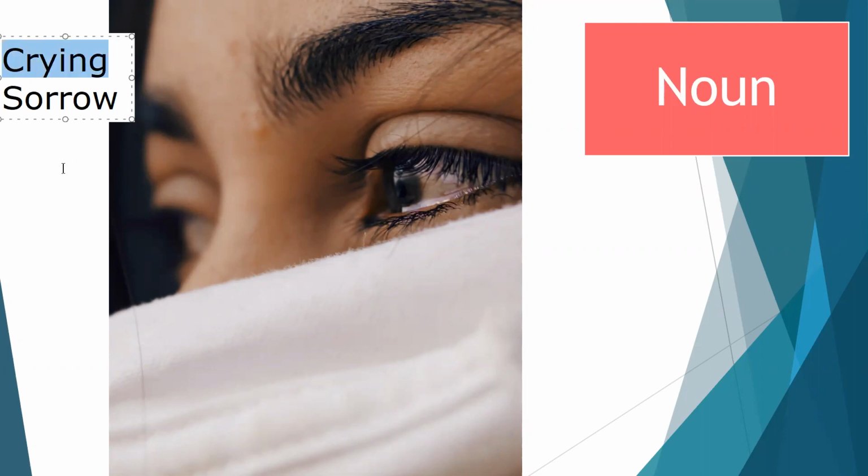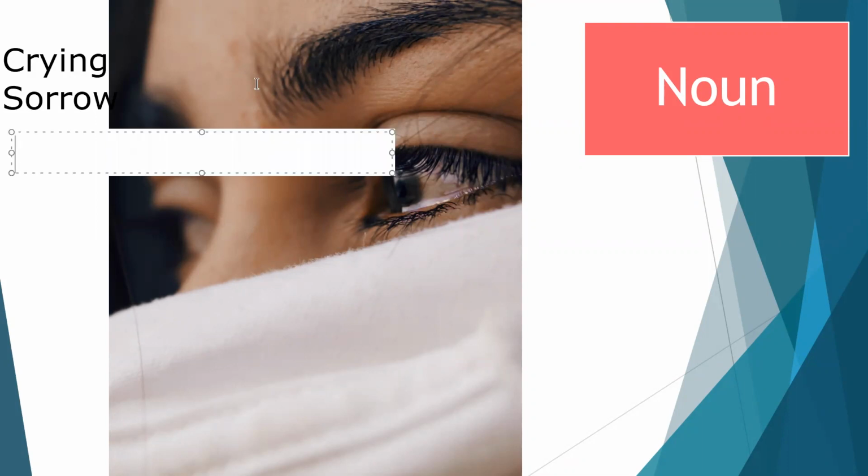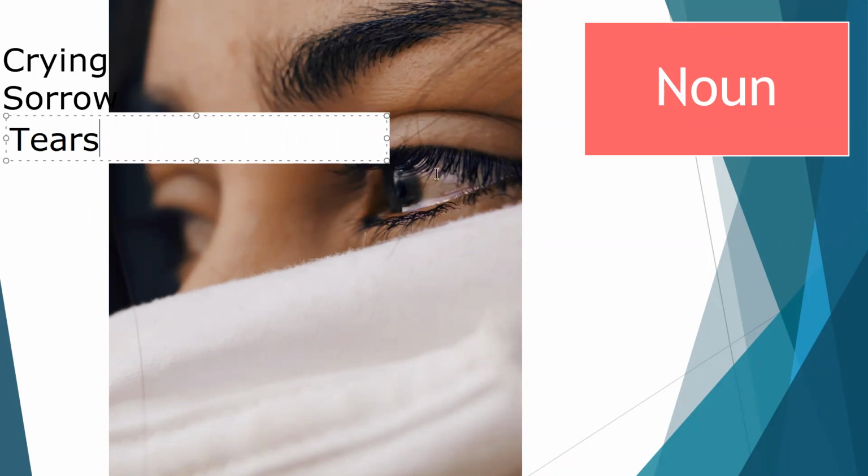Okay, so for the rest of us, what if you want to describe this? When there's water coming out of somebody's eyes, what is the noun for that in English? Tears. Tears, thank you. Is tears a noun or not? Is it a thing? Yes, tears is a noun.